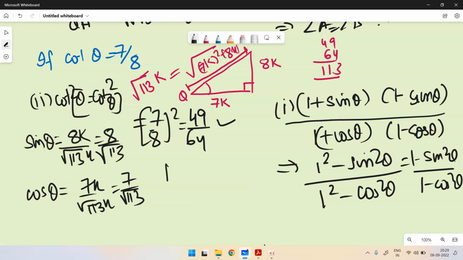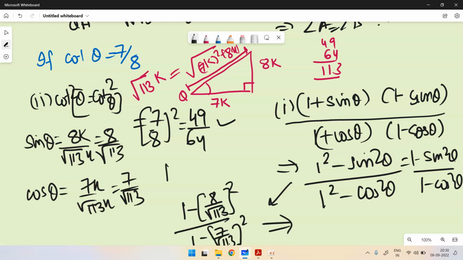Substituting, this becomes 1 minus (8 by root 113) square by 1 minus (7 by root 113) square. If you solve this, you will get nothing but cot square theta only.